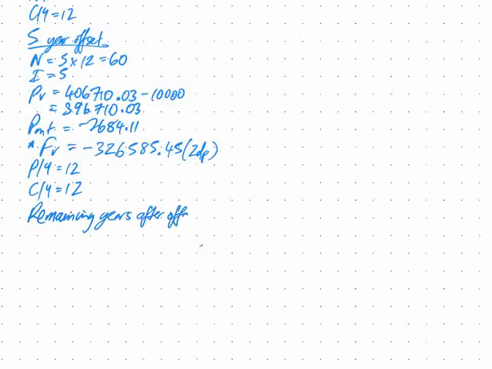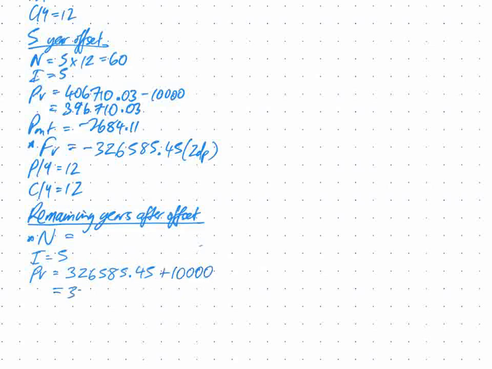Years after offset. So I want to know how long it's going to take to pay off my remaining debt. But that debt's been reduced by a little bit because I had an offset in there for a short time, 5 years. So PV, this is where the trick comes in. My debt was reduced to $326,585.45. You can see that from here. After the 5 years of offset, that's how much I owed the bank. However, because I'm taking the offset money out, I'm withdrawing it, my debt goes up by 10 grand.